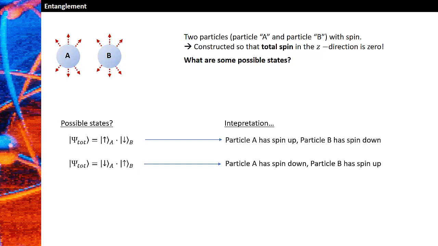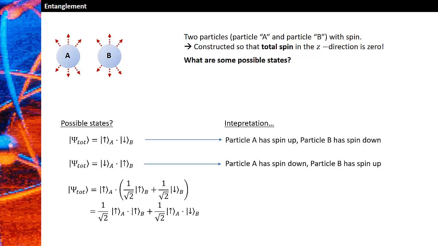How about the one we had at the end of the previous slide, where we had particle A spin up and particle B spin right? We write this as the sum of two terms, one of which is both particles with spin up, and one in which one of the particles is spin up and the other is spin down. Unfortunately, in this particular state, there's a chance that we would find both particles spin up.